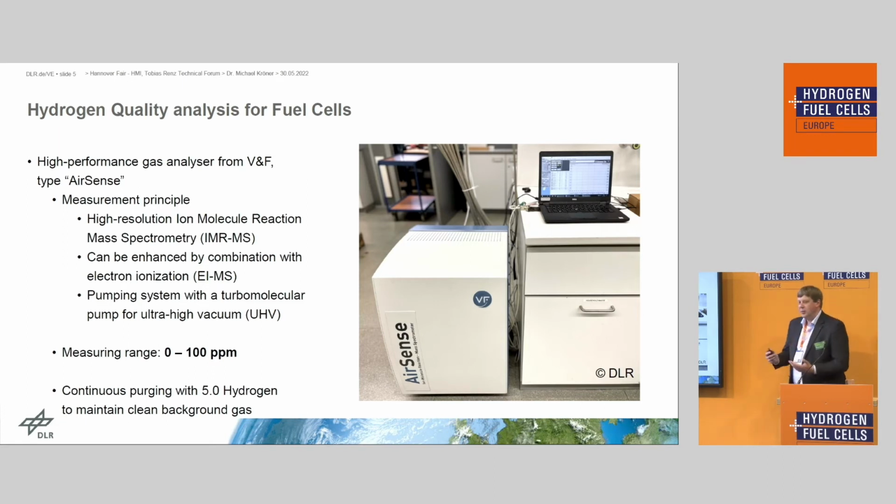This is a pretty sophisticated system which needs an ultra-high vacuum where you can set the conditions to be able to detect these very small amounts of impurities, up to the parts per billion range. And as it's very pure, also the measuring range is given. It's from 0 to 100 ppm, as the technical data sheet would state it.